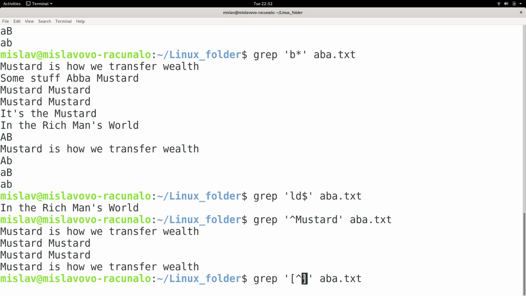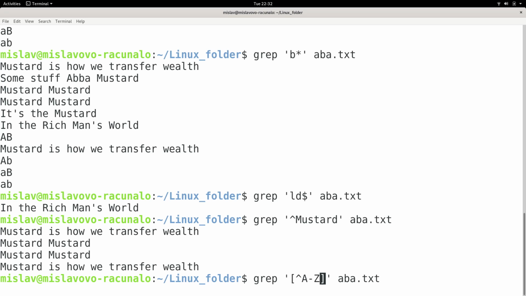So if I wanted to match all the lines which don't contain the characters A to Z, I would write it like this, but this description that I just gave is not accurate.